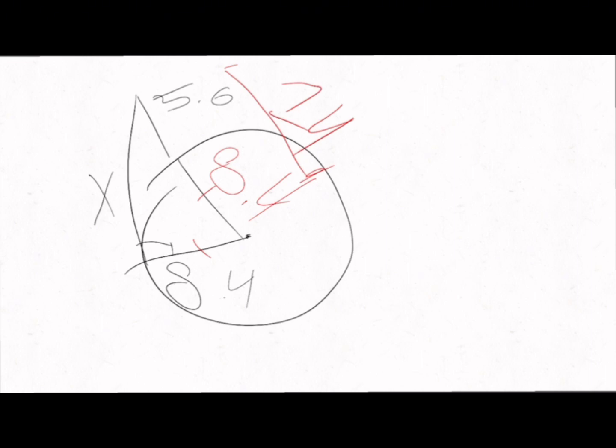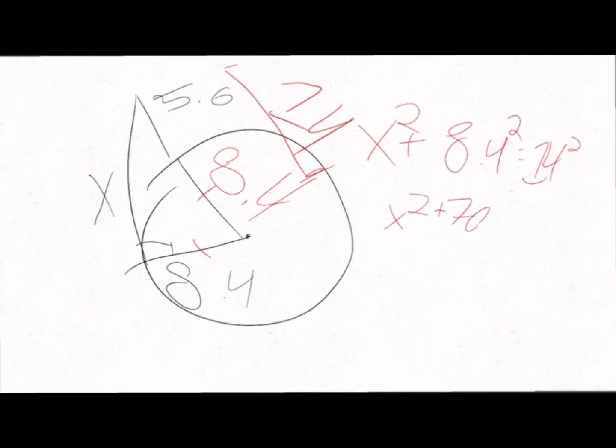So this would be x to the second plus 8.4 to the second equals 14 to the second. Actually, wow, I don't know 8.4 to the second off the top of my head. That's insane. Okay, x to the second plus 70.56 equals 196.